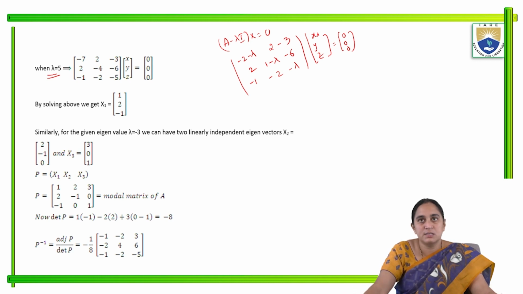This is the characteristic matrix form with the unknown column vector x, y, z.